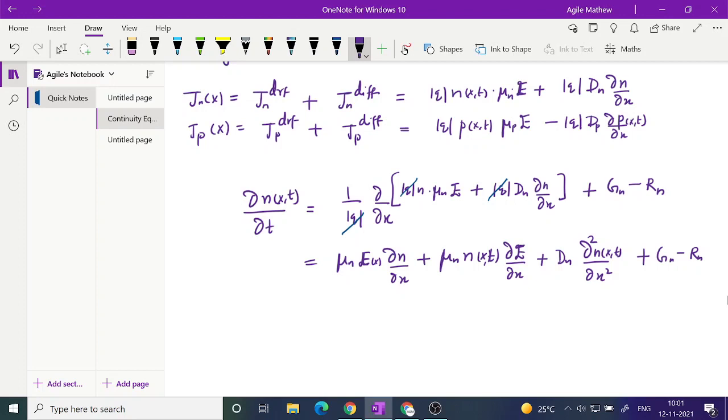There could be a concentration gradient in the presence of electric field, then this one is the gradient in the electric field, and the last one is the double derivative of the concentration with respect to distance. So this is another way. Similarly we can do it with respect to holes.